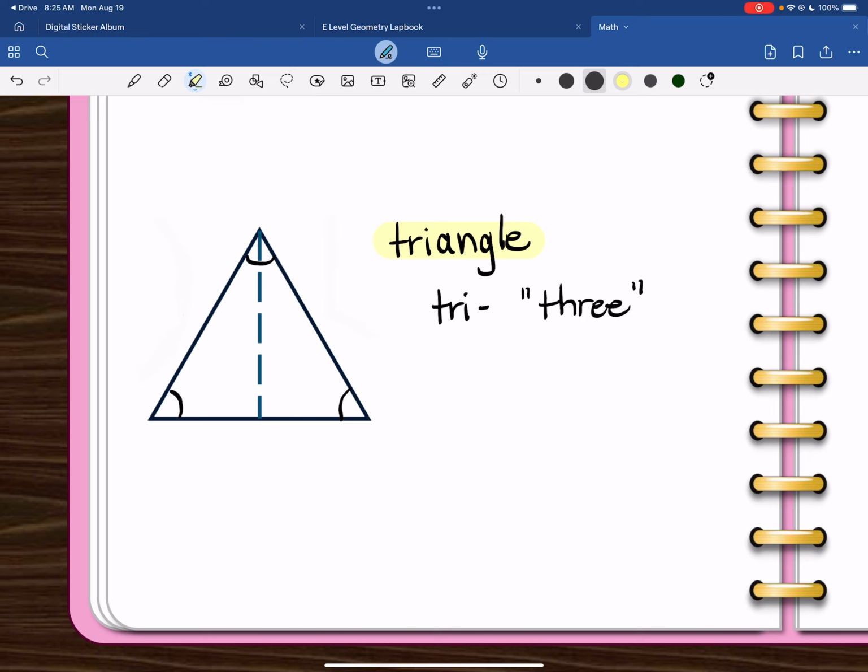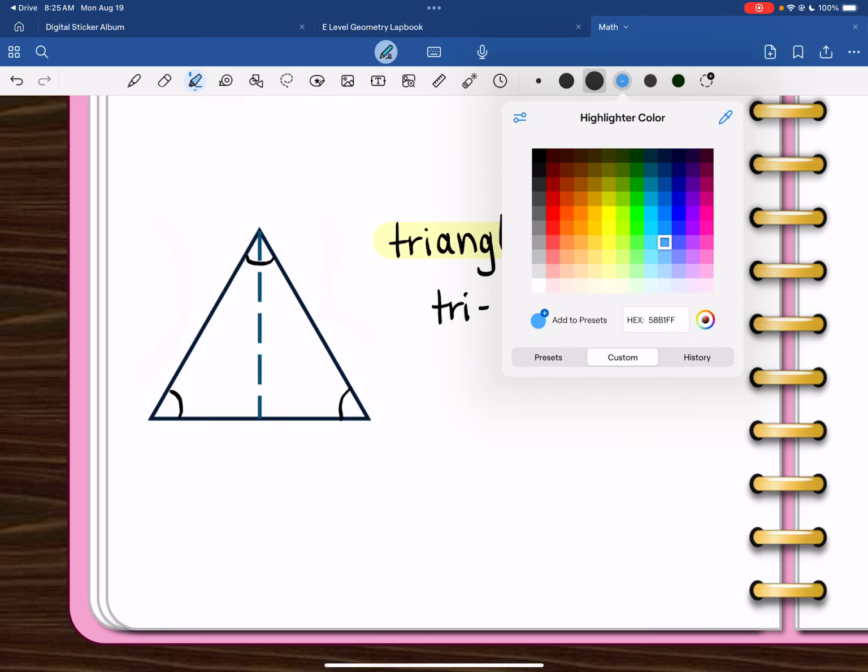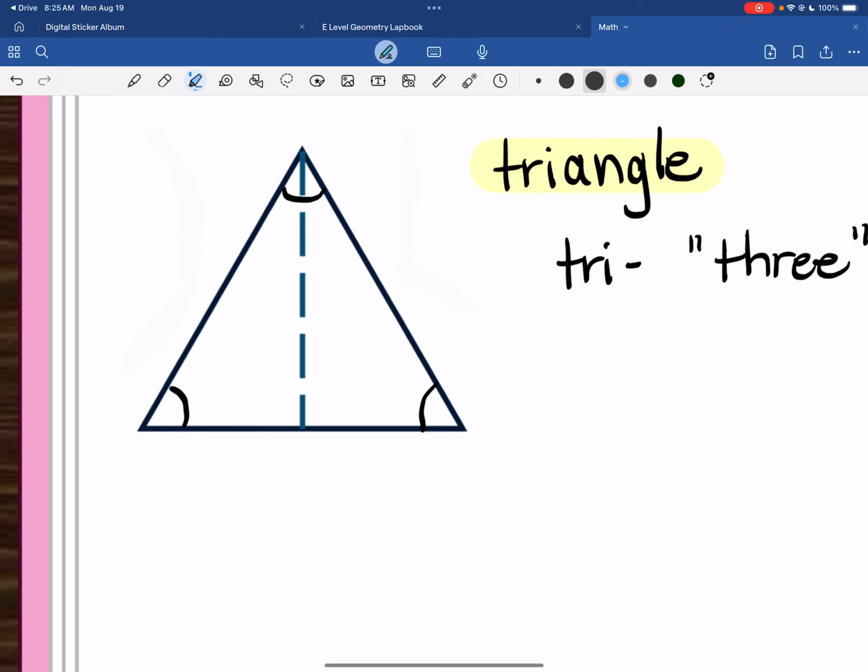One thing I do want to show you here is this dashed line. That's very important in geometry. A dashed line is an imaginary line in geometry. So anytime you see that dashed line, that means that it's just there to show you something, but it's not there in the actual drawing, in the actual model, whatever this thing is representing.